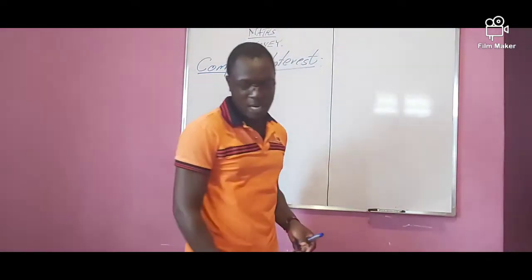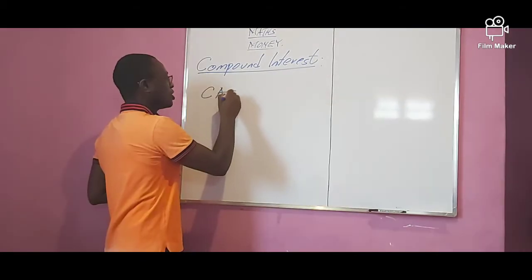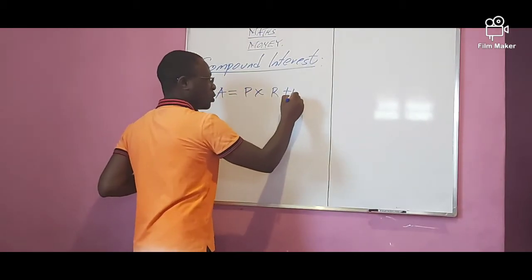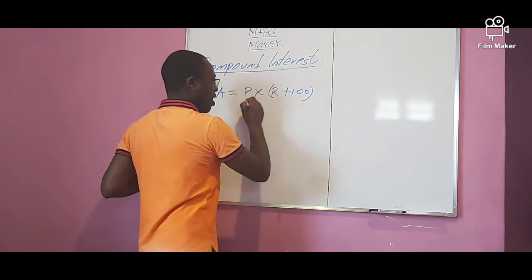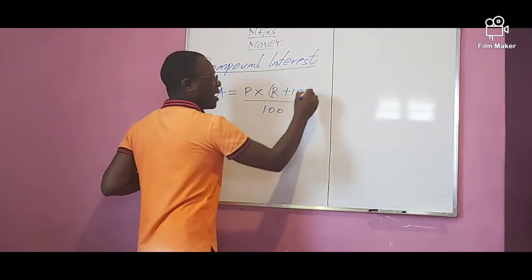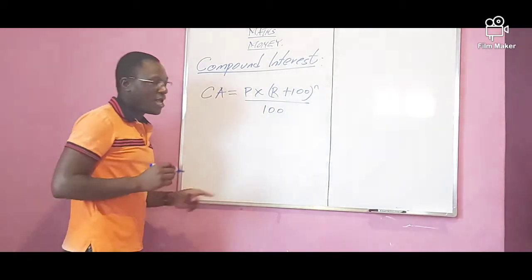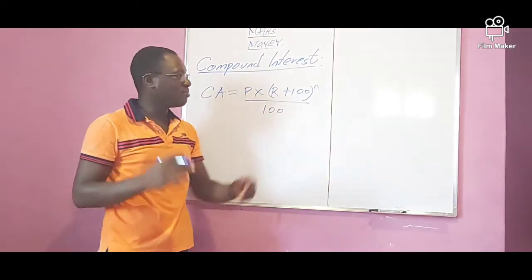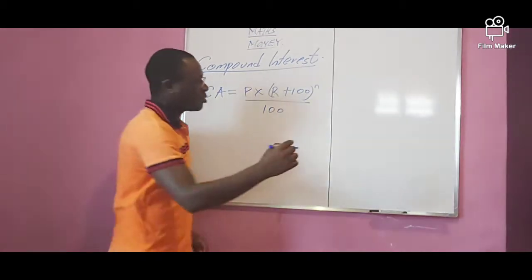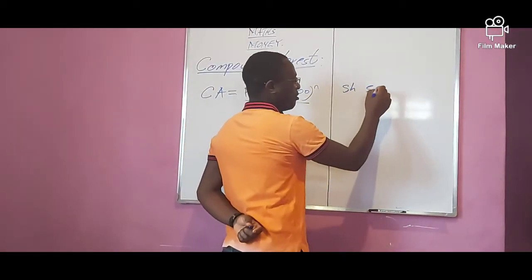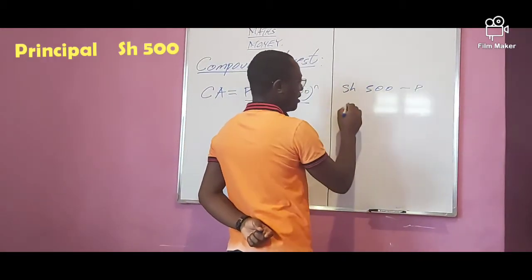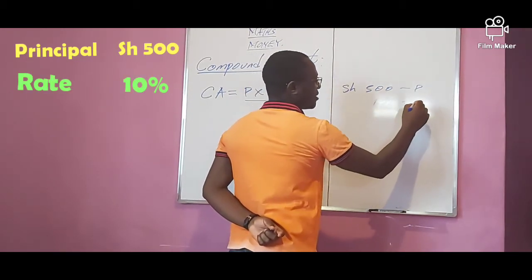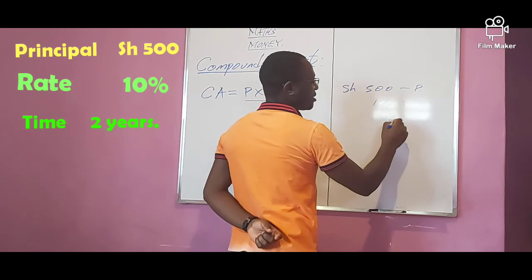Now, in my formula, compound amount is equal to principal times rate plus 100 over 100, raised to N. N stands for the time. How many times or years do we have? Back to our question: principal is 500, rate is 10%, and time is 2 years.